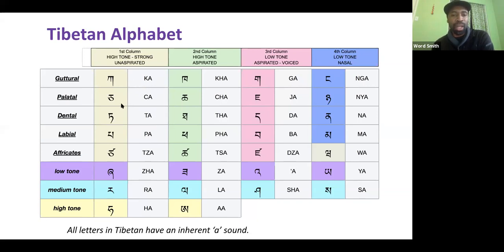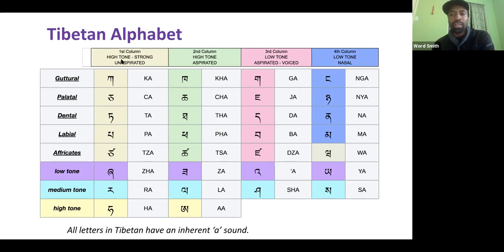So the first column here is high-toned, meaning it's actually set at a higher tone. Like if this is my medium tone, then this would be my high tone if I was saying it in English. In English, we only use high and low tones generally to express some kind of connotation. Like if I was speaking in a higher tone, it would mean I was excited or angry or happy or something.